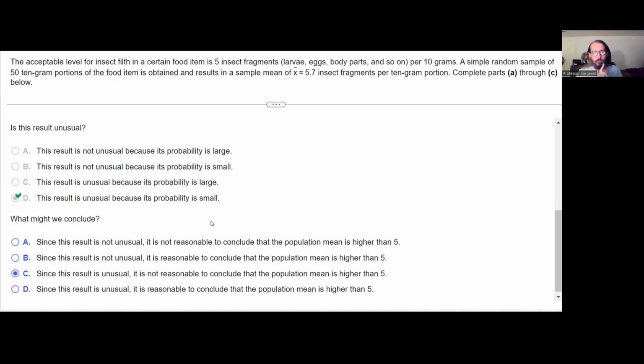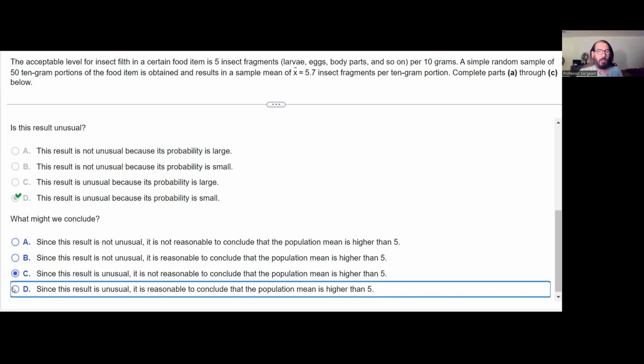Oh, sorry. Okay. Because it is unusual. Got something so extreme that makes me doubt that the mean of the population is really 5. Maybe it's higher. I don't know if it's actually the 5.7 that we get from the sample, but there seems to be some evidence that it is higher than 5.